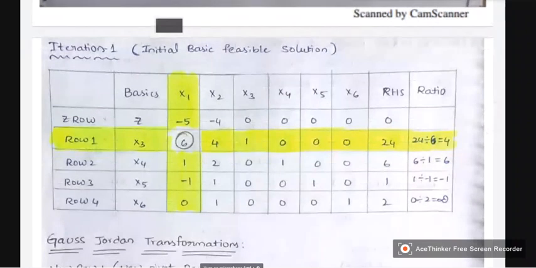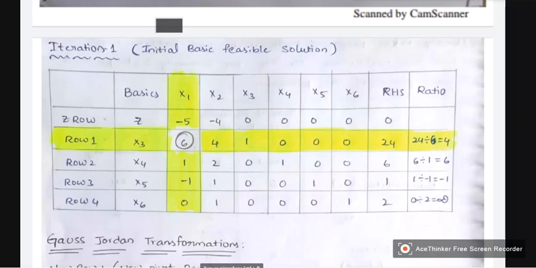Now we can take the RHS and, with respect to x1, take the ratio of both of them. Which are the basic variables, and which are the non-basic variables? Basic variables are x3, x4, x5 and x6.